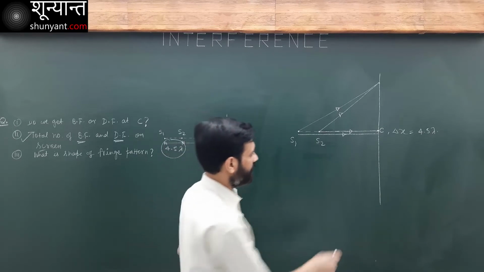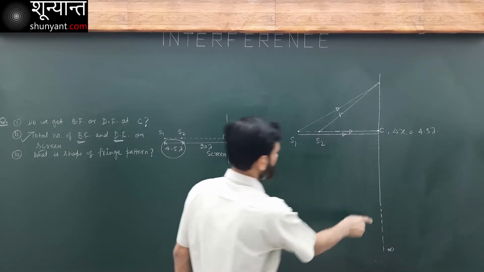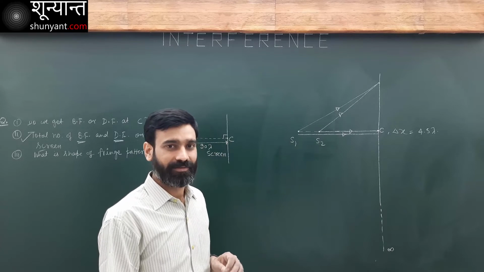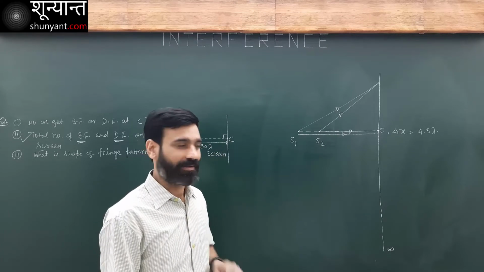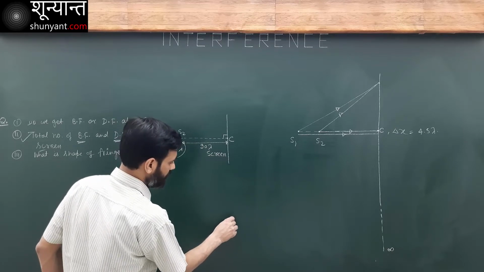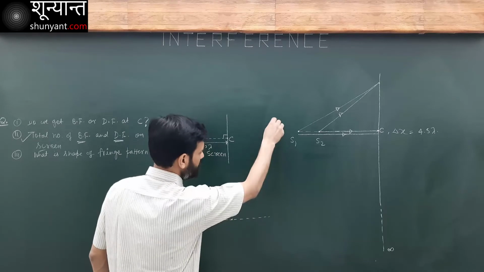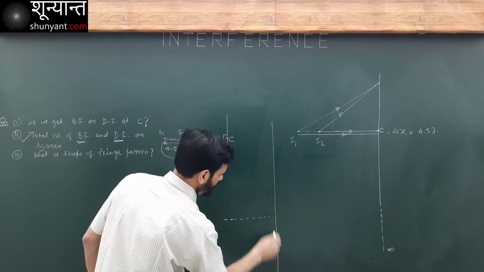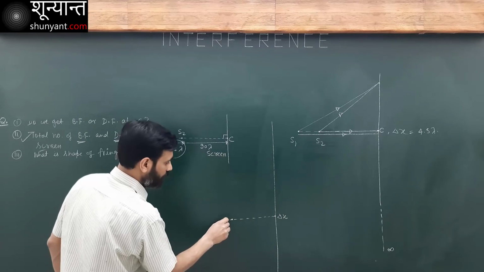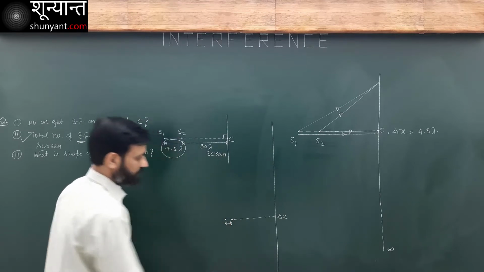And what will happen if I go to a very large distance from both sources? What is going to be the path difference? Here, the path difference will be equal to the distance between these two sources.